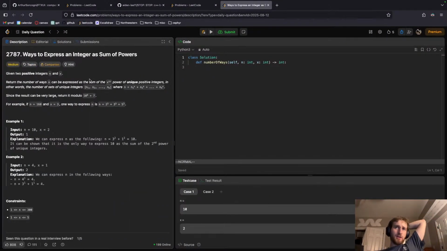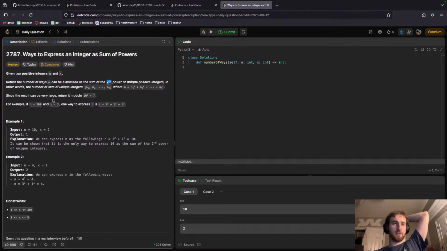So, I skipped this one because I think I took a nap after work instead. Let's see. Given two positive integers, n and x, the number of ways n can be expressed as the sum of the x-th power of unique positive integers.